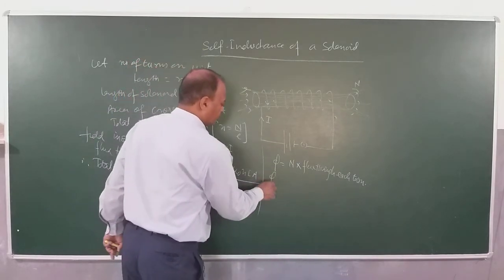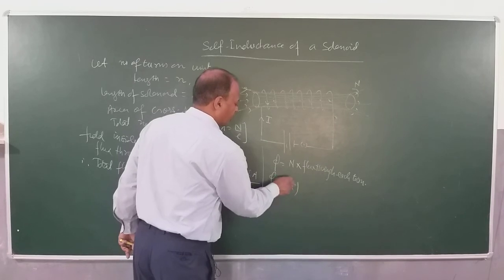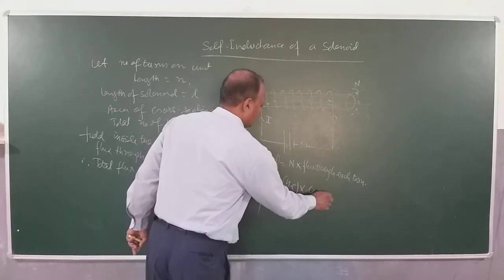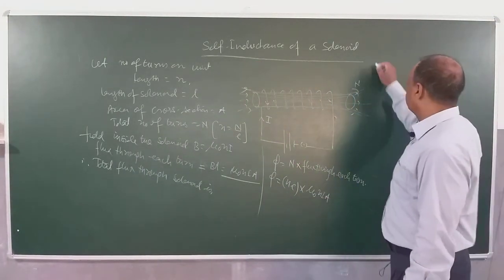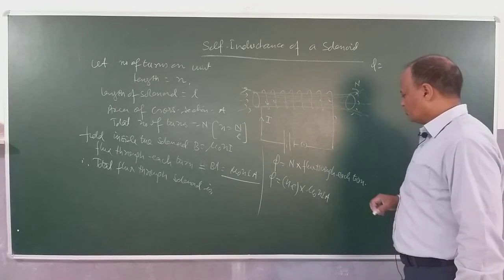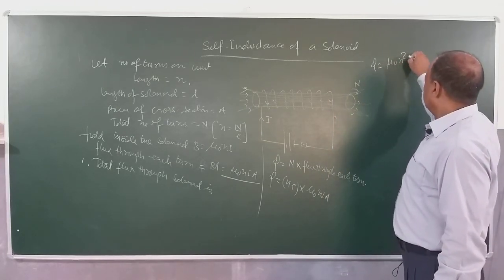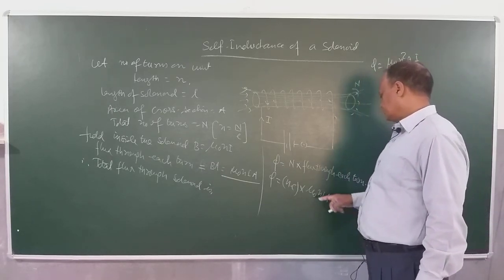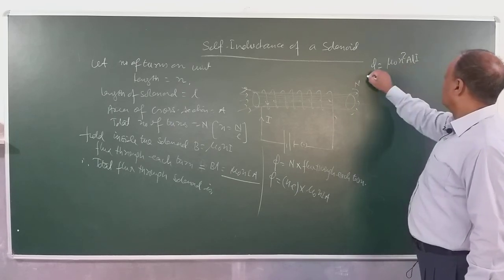So phi will be equal to N, capital N is small n into L, times mu naught n I A. If we simplify, children, we get an important relation: phi equals mu naught n square A into L into I. This is the flux.